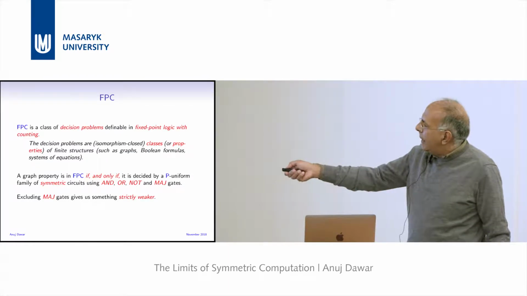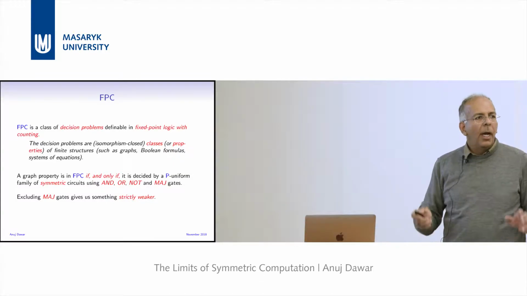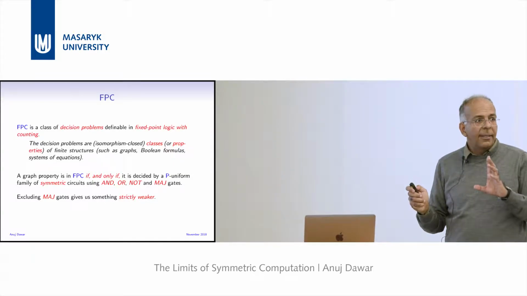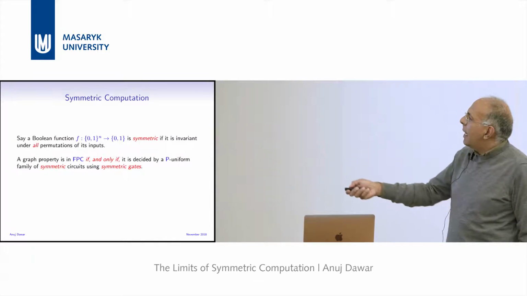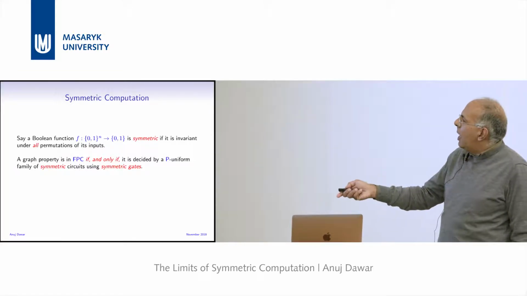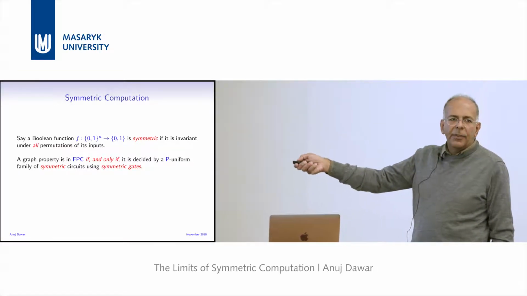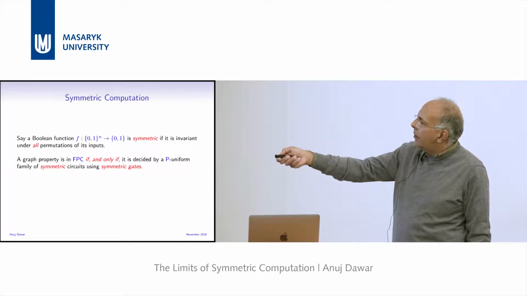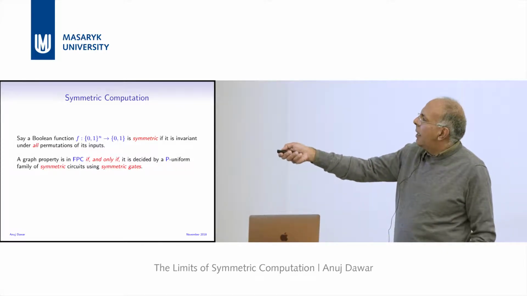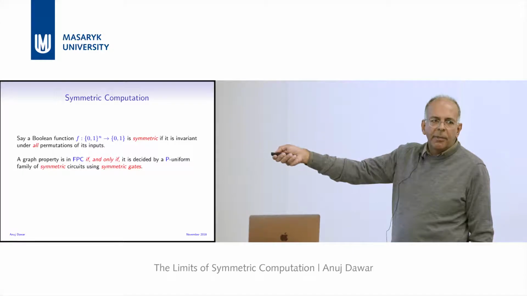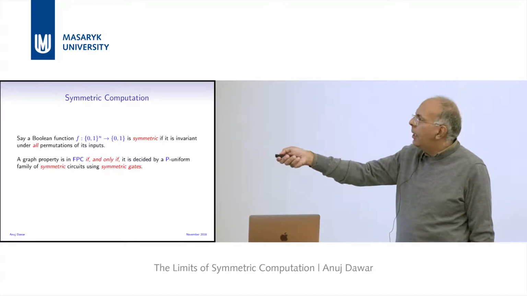Note that all of these, AND, OR, NOT, and majority, are symmetric functions in this sense. And we can say that, in fact, you can allow any additional kinds of gates, as long as they're symmetric and the circuits are symmetric in the other sense, then you're still in the same class FPC. So this is a fairly robust definition.